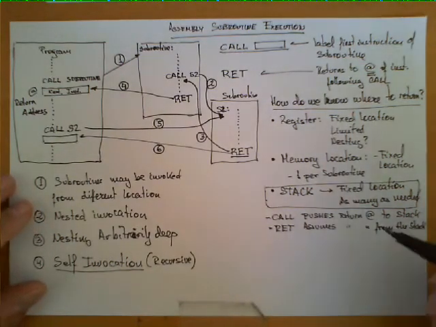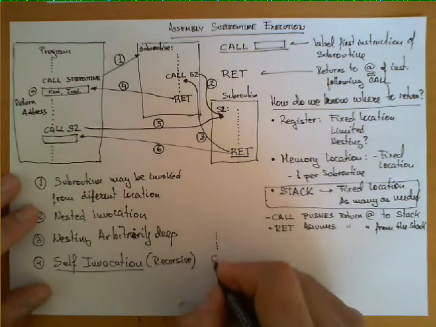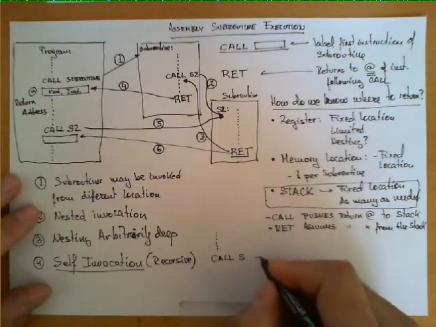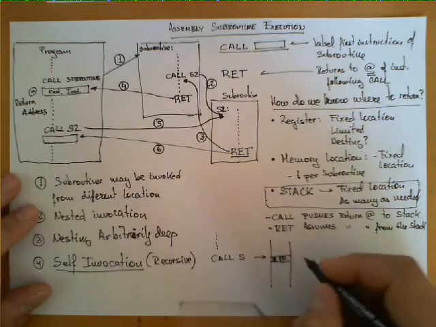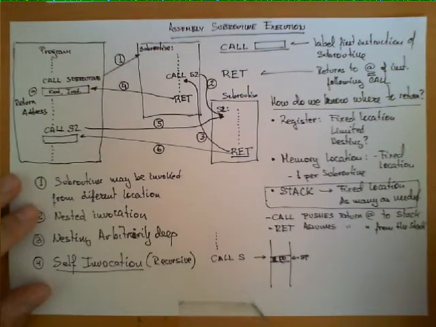So the way it works is, if I have my program here executing these instructions and I have call S as a subroutine, this call, as a matter of fact, pushes the return address on top of the stack, and this is where the stack pointer is pointing.